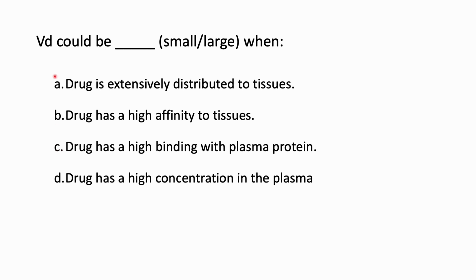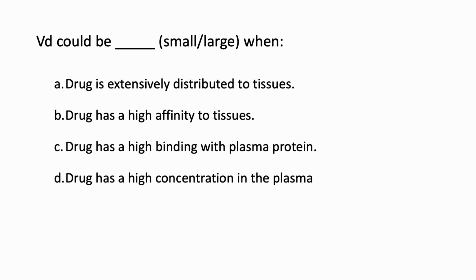Question: fill in the blank to complete the sentence. VD, or volume of distribution, could be small or large depending on 4 scenarios. So the first one, volume of distribution could be small or large when the drug is extensively distributed to the tissue. So when the drug is extensively distributed to the tissue, what happens with volume of distribution?